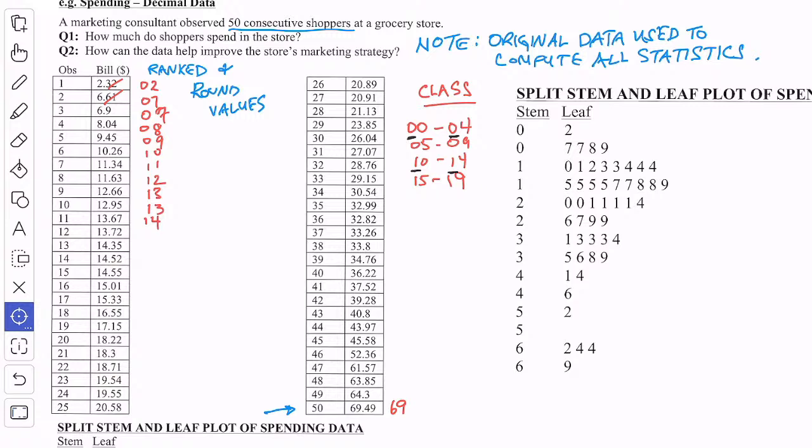if there's a pattern and one class is greater than another class. In fact, in this one you have the highest peak. So from 15 to 19, that's what we call the modal class.